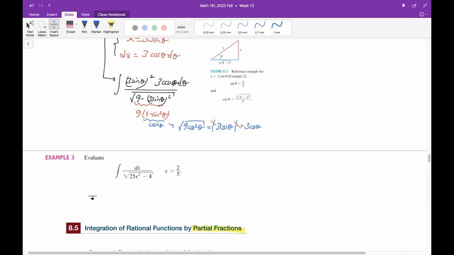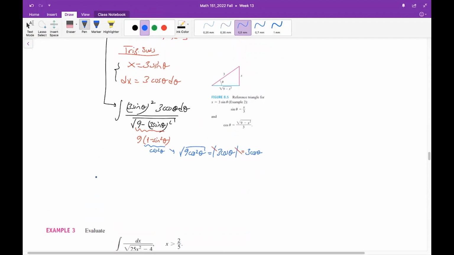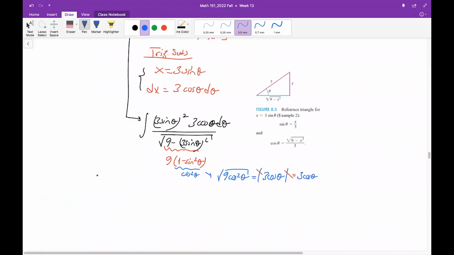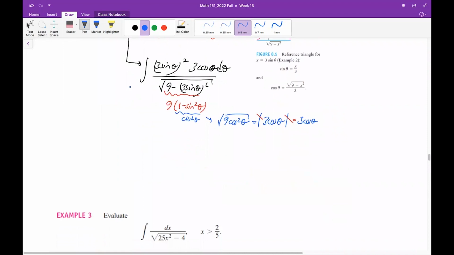And then what we have for the integral is the following. Okay, just compute this square too. 9 times sine squared theta, 3 times cosine theta d theta, and the denominator is just 3 cosine theta.